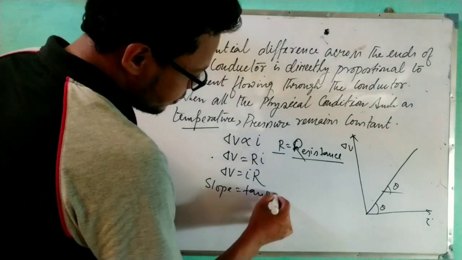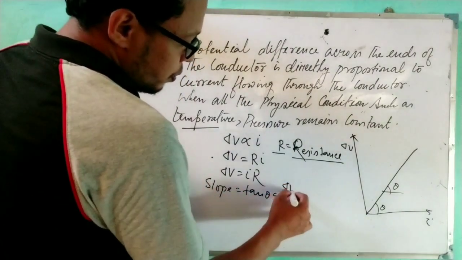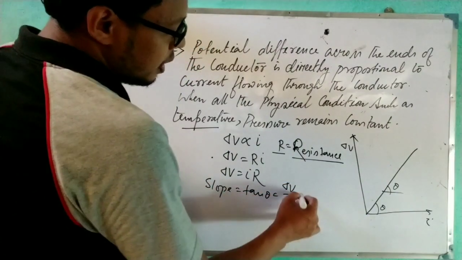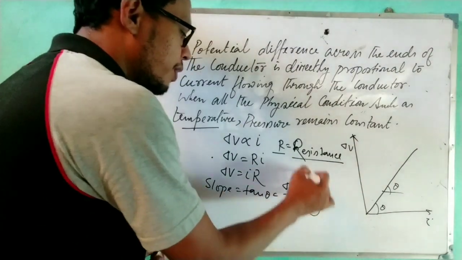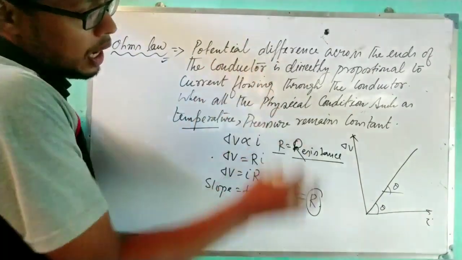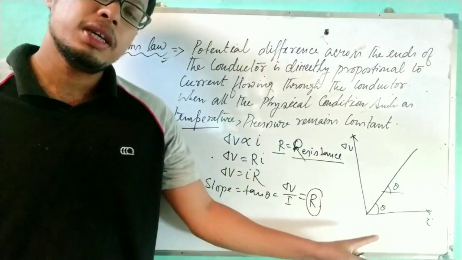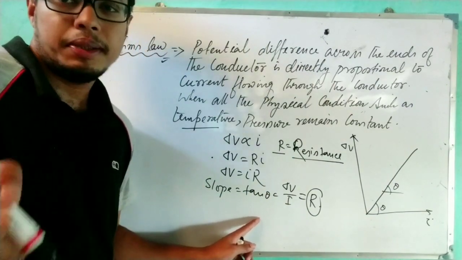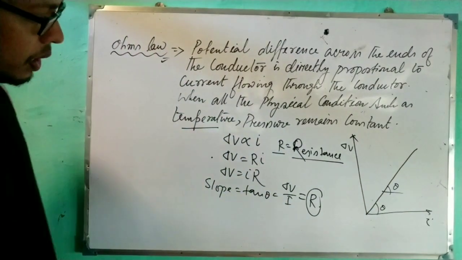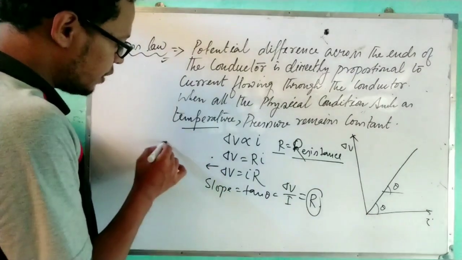So this will be del V by I. Then we know that del V by I gives the value of R, which means in the graph of del V versus I, the slope gives the value of the resistance.